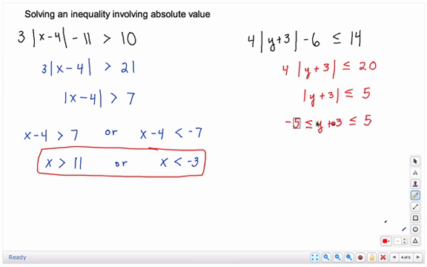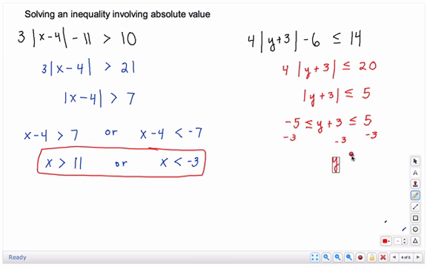So this is y plus 3 is greater than or equal to a negative 5, okay, because we know it's going to be an AND. And when you do that, you're concentrating on the middle part, and you're thinking, okay, I would need to subtract 3 from both sides, but you've got 3 parts now, so what you're going to do is subtract 3 from all 3 parts so that you can get y by itself.